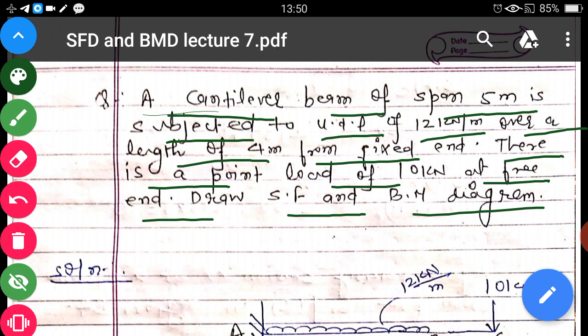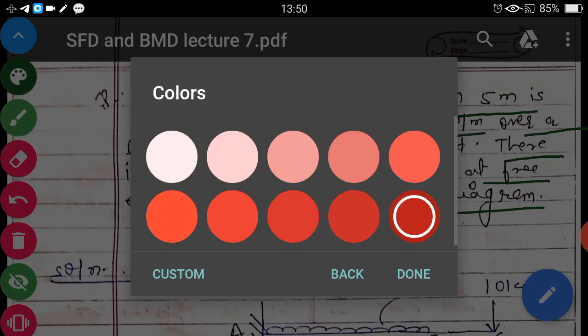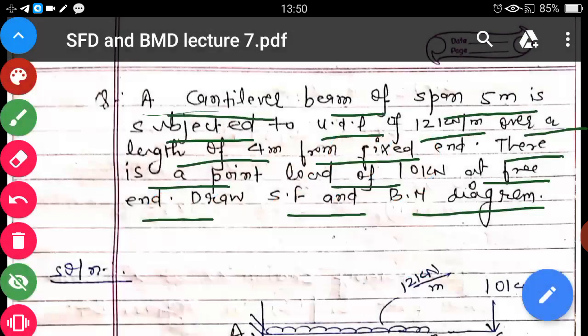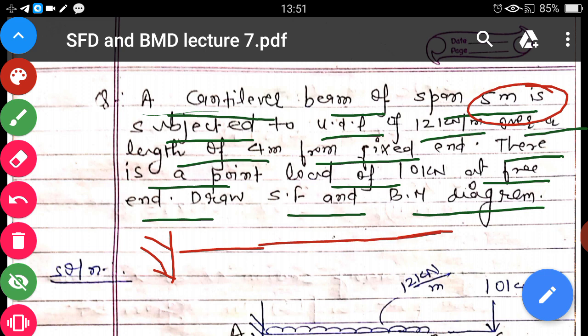This is the question. First, according to the question, you draw the cross section of the beam. What is given: the span of the beam is 5 meter, so first you draw the cantilever beam having a span of 5 meter. After that, it is subjected to UDL of 12 kN per meter over a length of 4 meter from the fixed end.